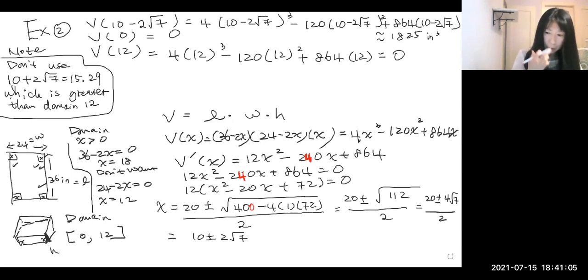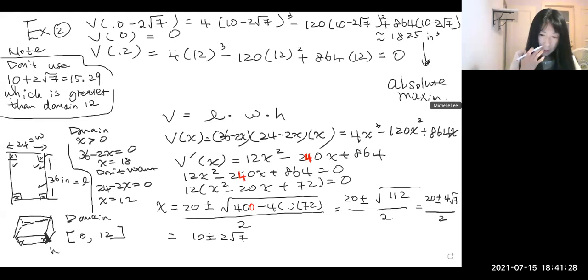Okay, then we maximize the volume when this is the absolute maximum. Good. This is zero. Okay.